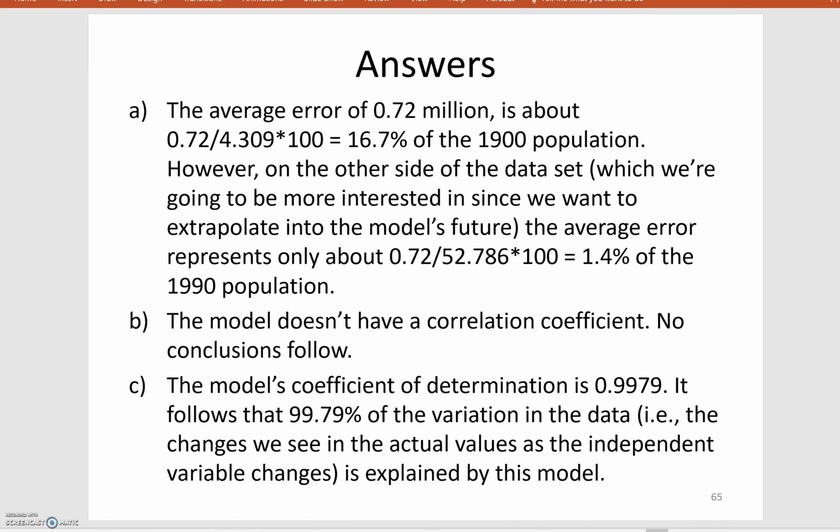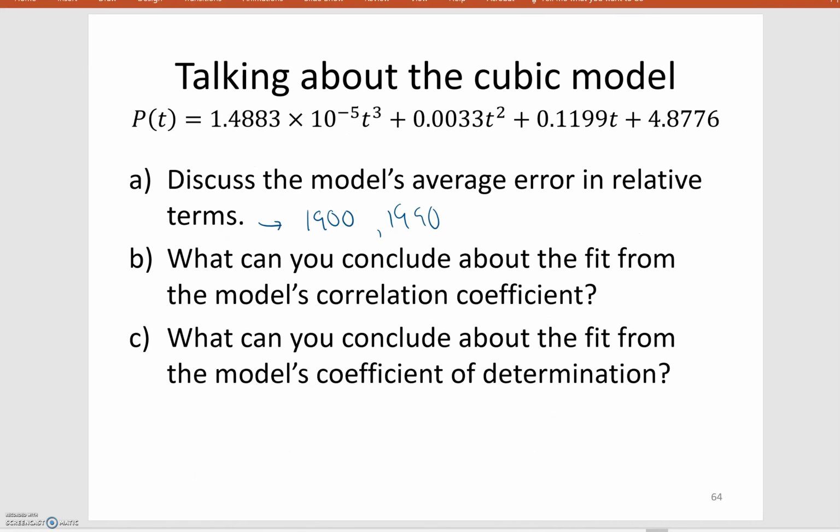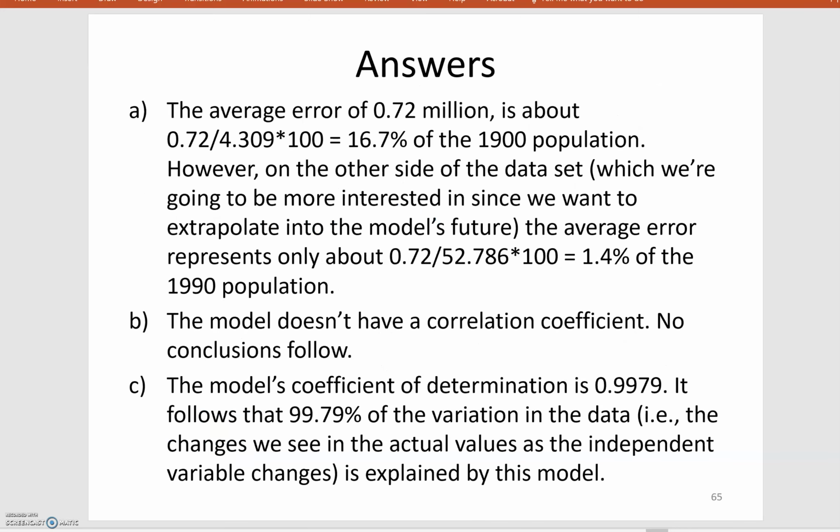So the average error, now remember we calculate the SSE, and then the average error is the square root of the SSE over 10 in this case, because 10 is the number of data points that we have. And that would come out to be 0.72 million.